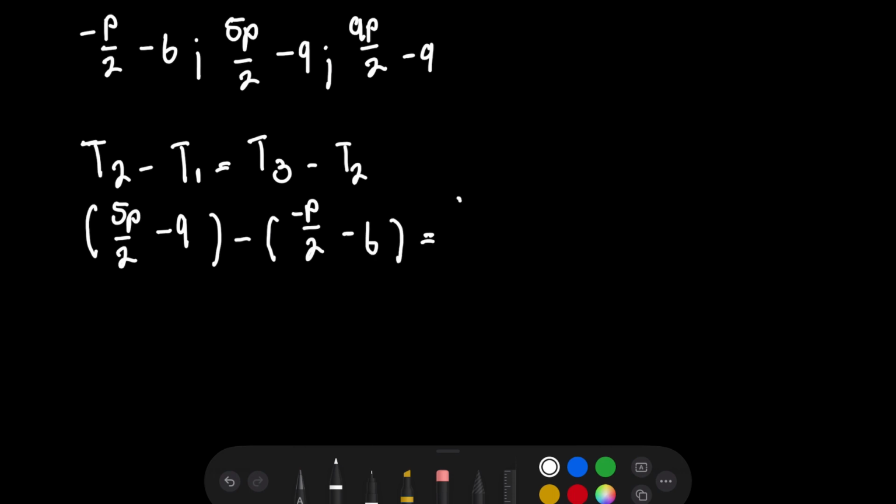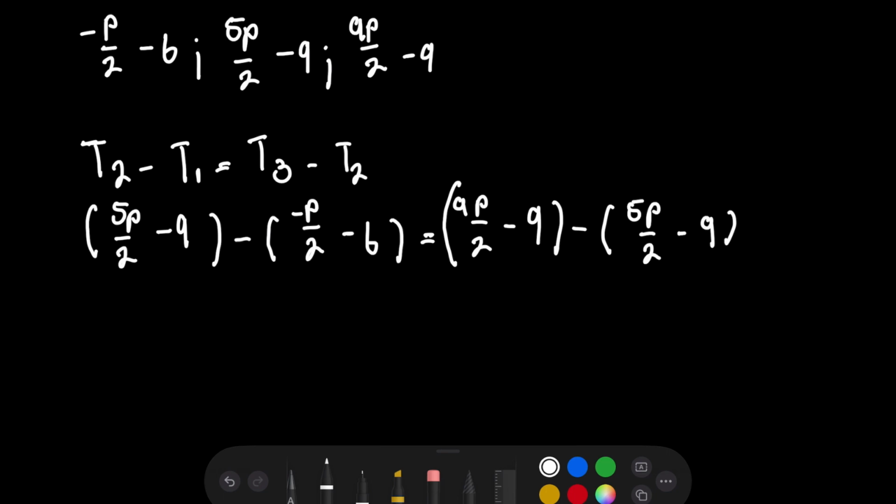And T3 is, also put this in brackets, 9p over 2 minus 9, minus 5p over 2 minus 9.